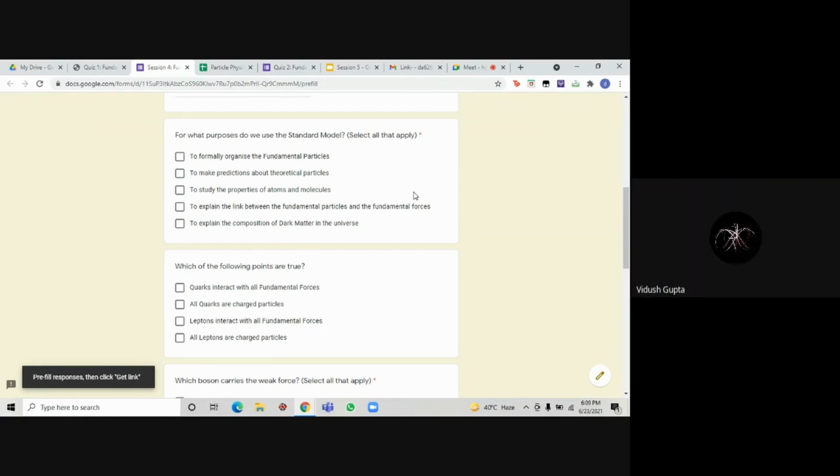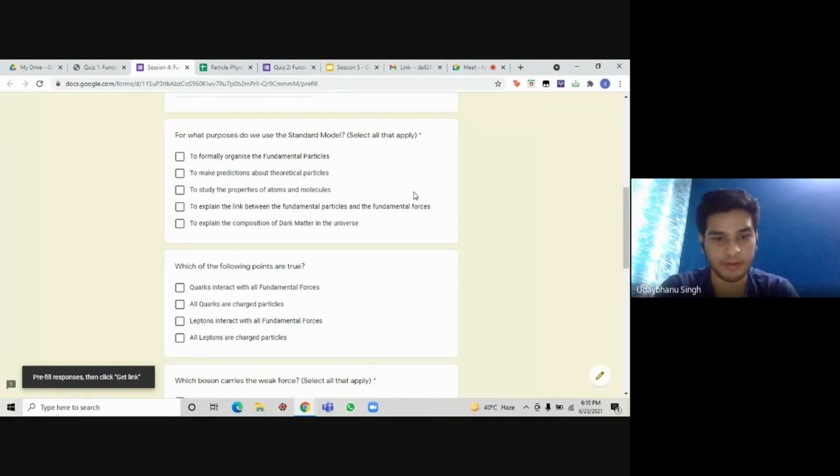I think to make predictions about theoretical particles as well. Yeah, great. That's also correct, because the standard model allows us to make predictions. One of the most famous examples is the Higgs boson, which was first theoretically predicted by the standard model, and then it was confirmed as well.